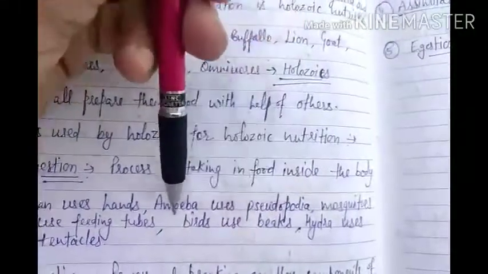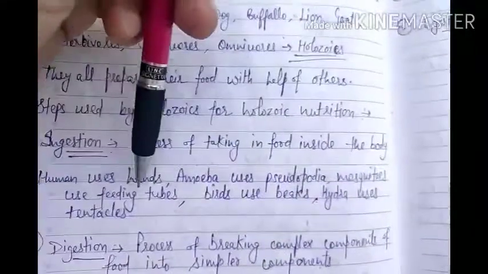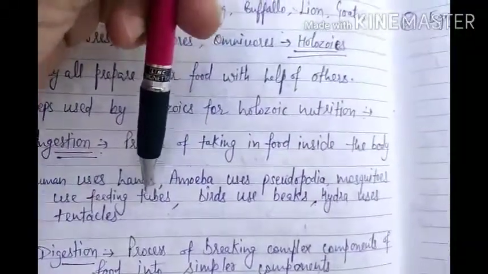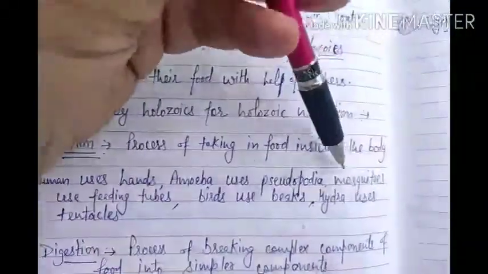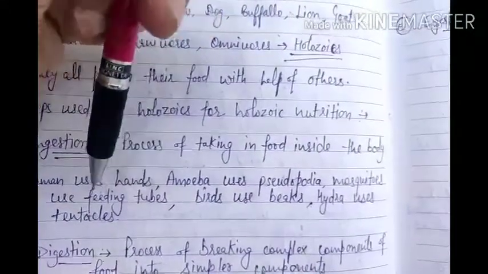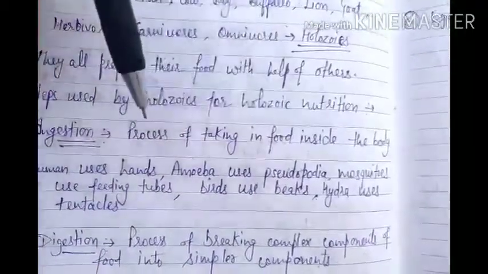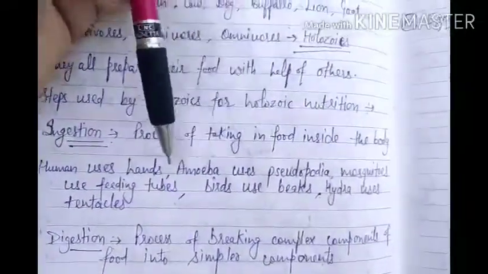Mosquitoes use their feeding tubes. They suck blood from our body. So the feeding tube is part of the mosquito, and by that they take food inside the body.